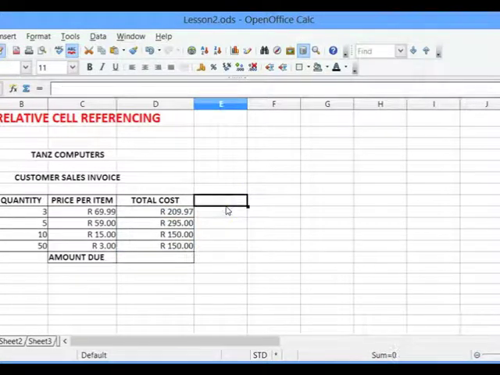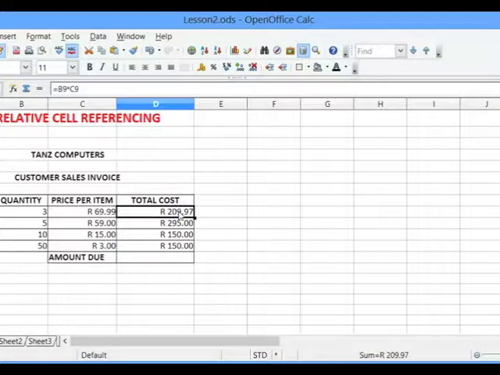So let's look at firstly what was our formula that we typed in cell D9. It is equal to B9 times C9. Let's look at the formula that was copied to cell D10. The formula in cell D10 is equal to B10 times C10.